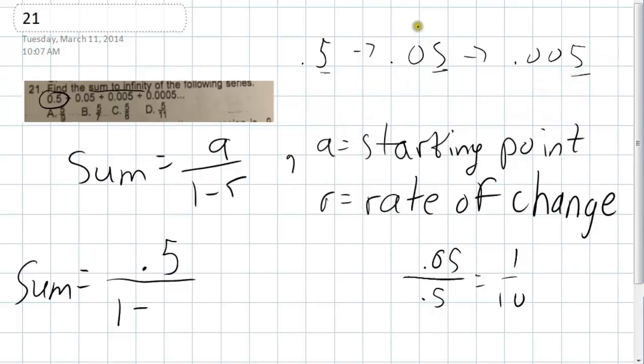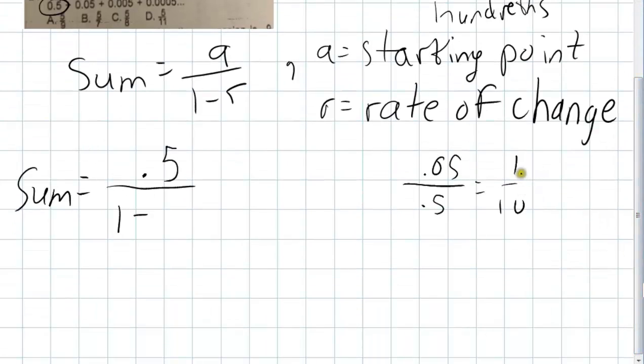So you know that there's the tenths place, right? And then there's the hundredths. And the 0.5 is being kept, but it's moving over 1/10 every time. Okay, so the rate of change is 1/10, alright?